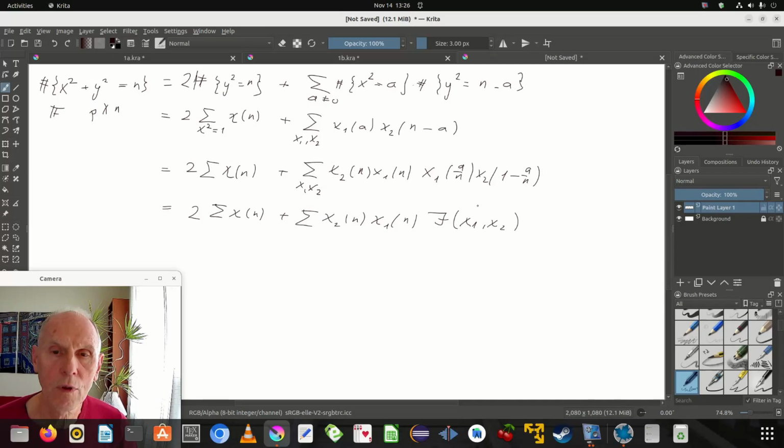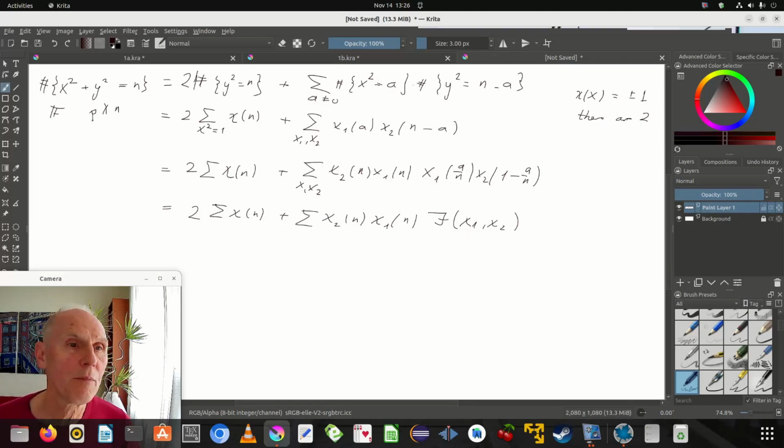Now we are reduced to a sum over characters of order 2. And there are only 2, and they map to plus minus 1, because they have order 2, and there are 2. That is when the prime is odd, so we have to disregard 2 as well.